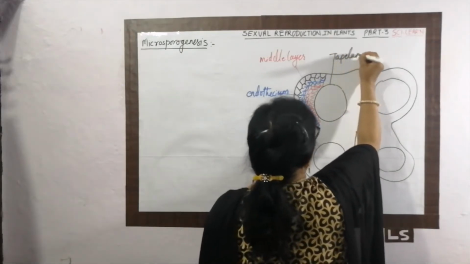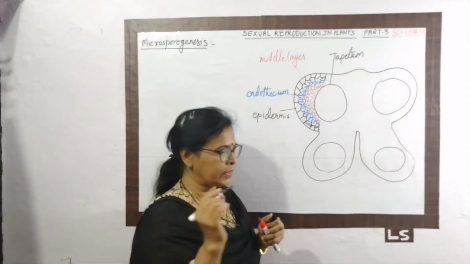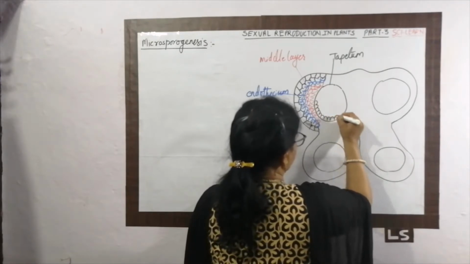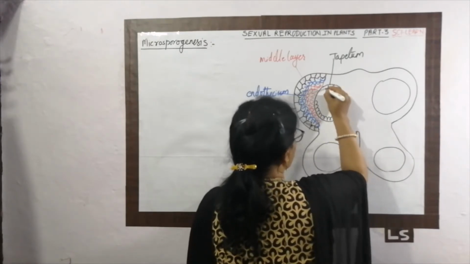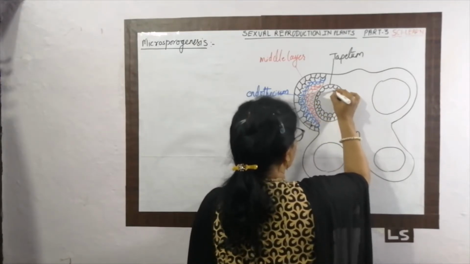Inside the tapetum, tissues are present, and these are called sporogenous tissue. Sporogenous tissue is the tissue which is responsible for the formation of the spore.